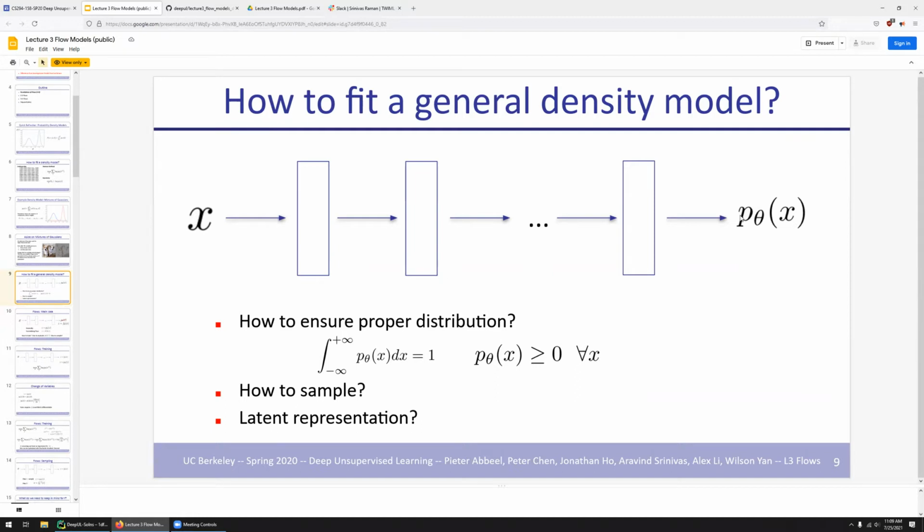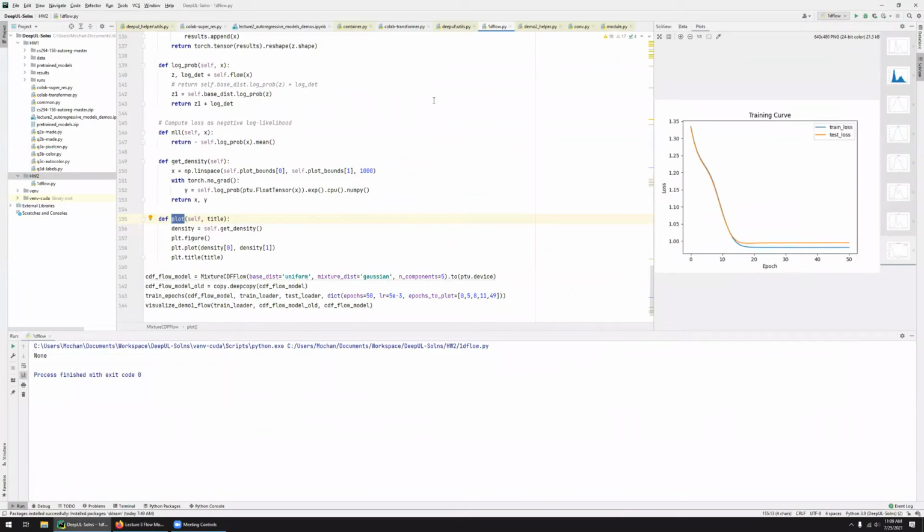P is the probability distribution, theta is the parameters that we want to use, and X is from the data, right? What is it that we want? So let's go back from there and see how everything works. Obviously density is just getting the density, and then I plot the X and the Y of the density. So let's go to density.